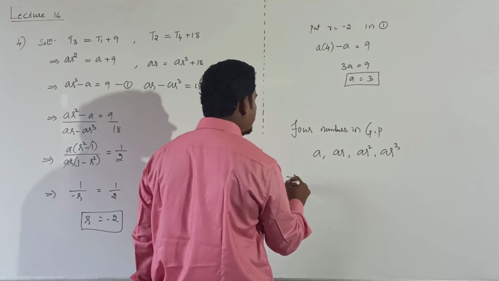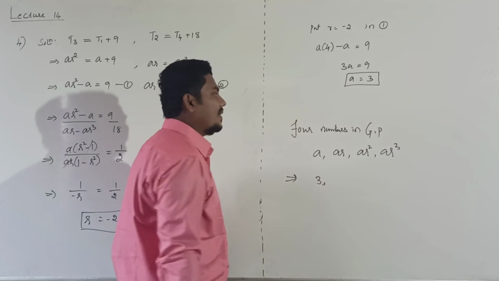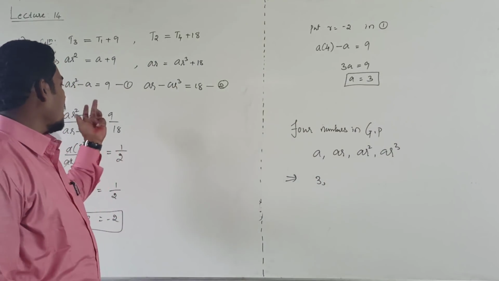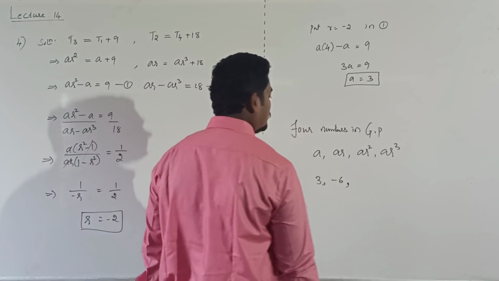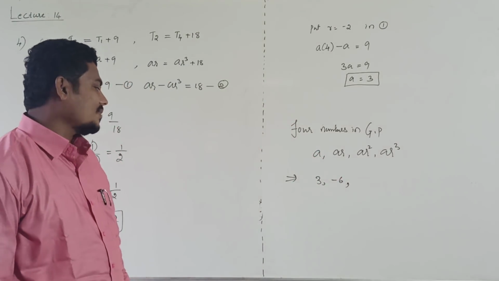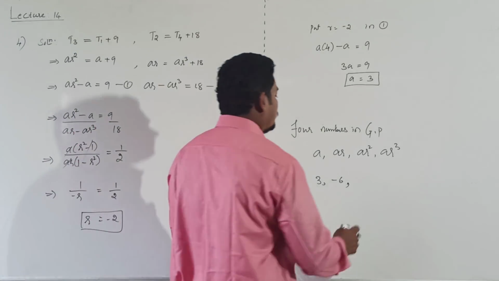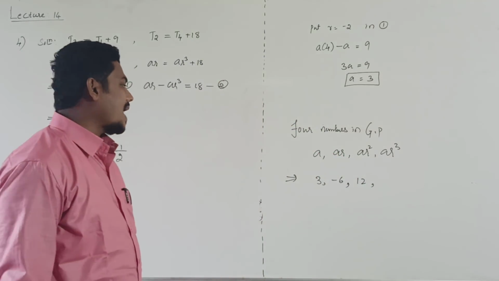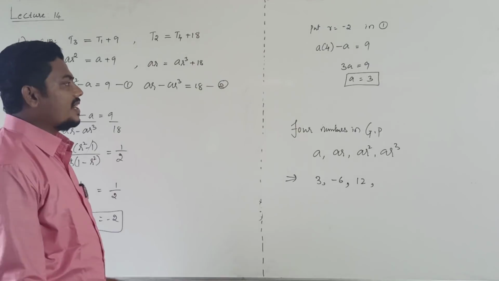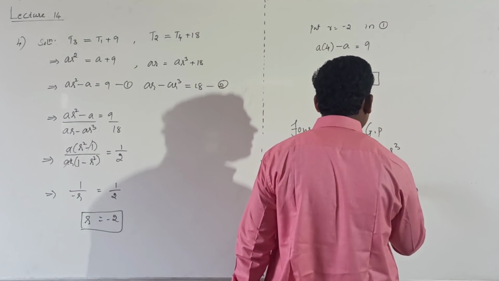What is a? a is 3. Then what is a into r? a is 3, r value is minus 2, so minus 6. Then what is a into r square? r square is 4, into 3, that is 12. Next, what is a into r cube? r cube value is minus 8, into 3 is minus 24.